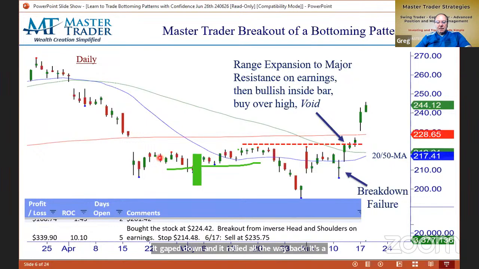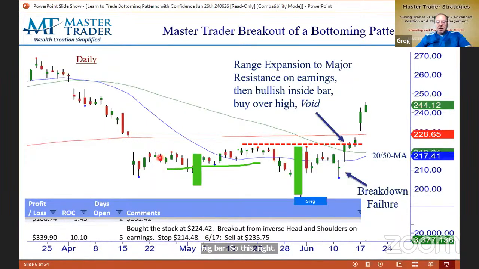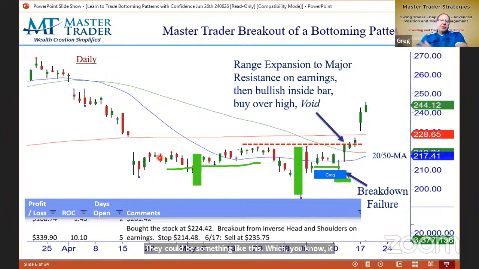If we were to condense it, you'd see a big bar because it went down and it came back up again. And then it consolidated. So events can be big bottoming tail bars. They could be gap reversals. They could be something like this, which broke down and came back up again. So we're looking for clues that institutions are lurking below.